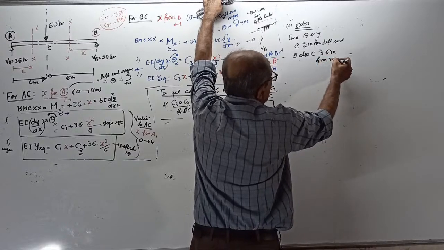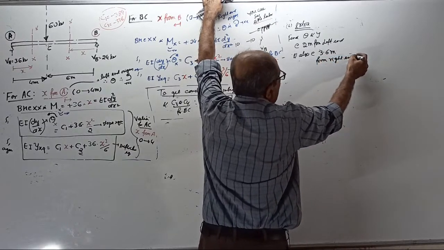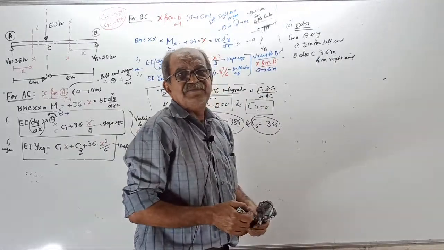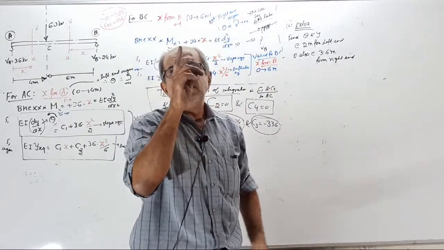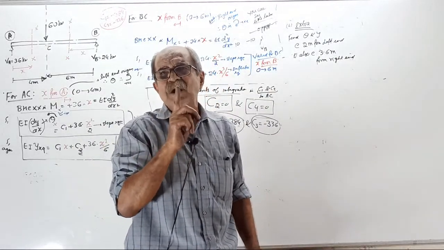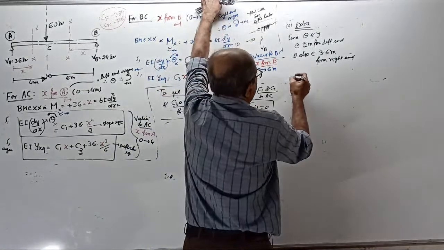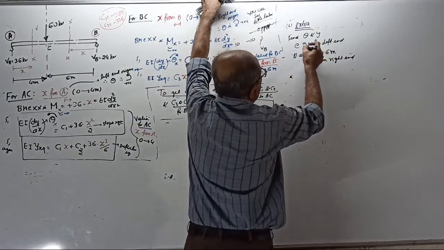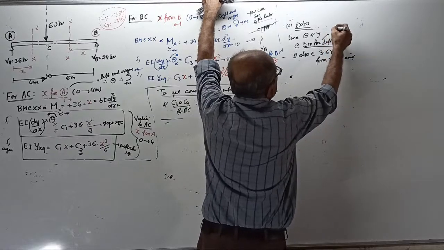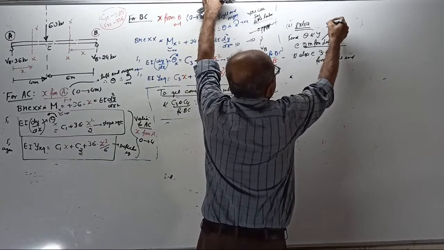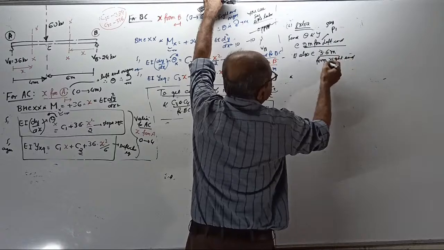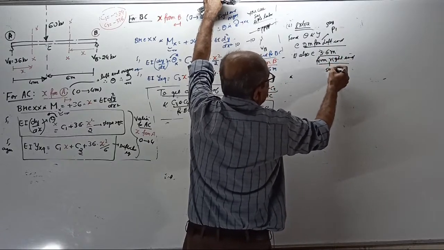There is a reason here, because I am solving the same question by Macaulay's method at the same time. At that time, each and every answer has to come the same. Okay, start. The point 2 meter from left end, you call it P1. The point 3.6 from right end, say P2.